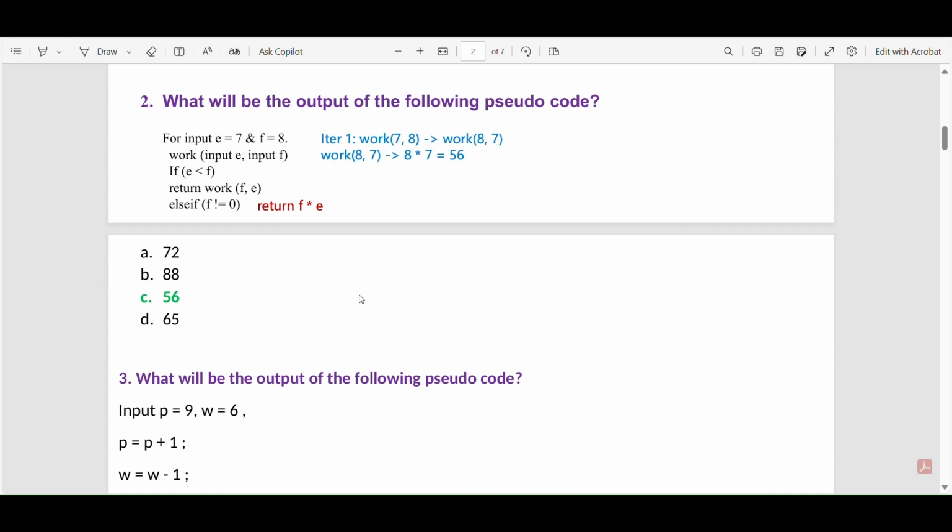So this is the second question in Capgemini technical assessment. If you know the basics of computer science, then it will be very easy to get all the answers correct. Okay.